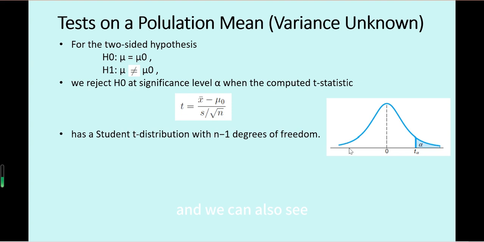And we can also see if minus 1.796 here will leave the left side of the probability is 0.05, then minus 1.16 here will leave a large probability, larger than 0.05 on the left side of this test statistic, right?